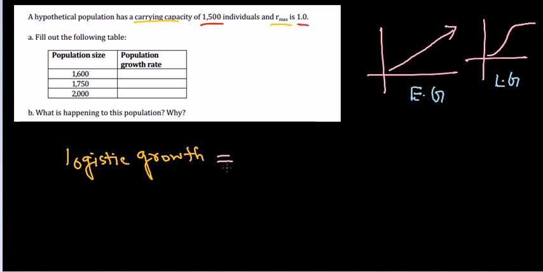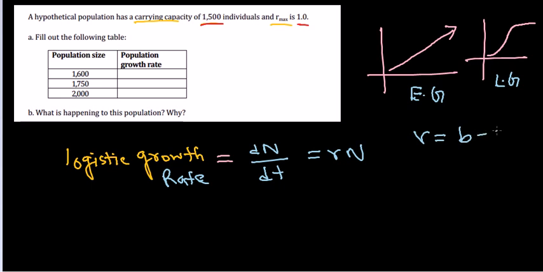For logistic growth, there is a calculation for the logistic growth rate, and the formula we use in all these cases is dN by dt equals rN. We also know that r equals b minus d, where b is for birth and d is for death.